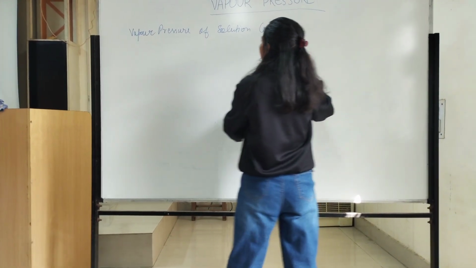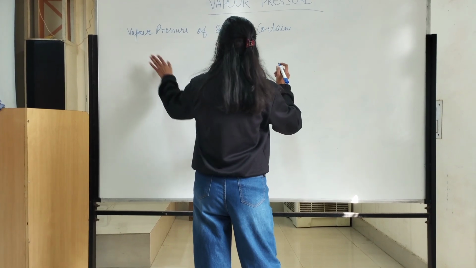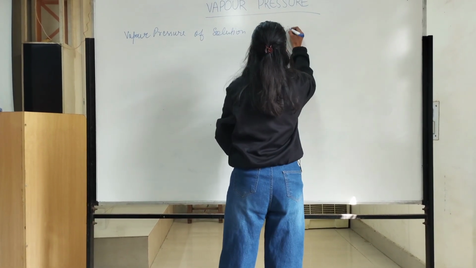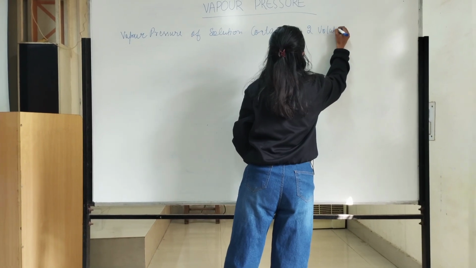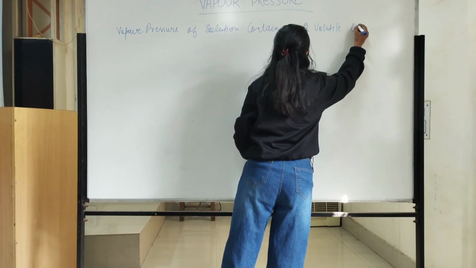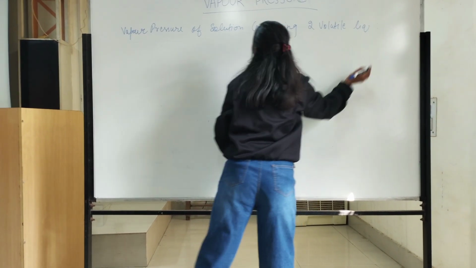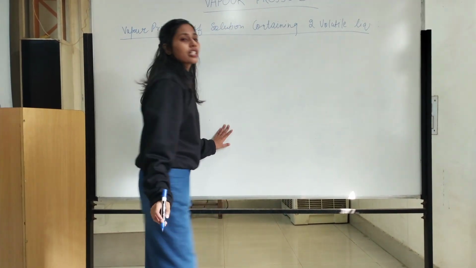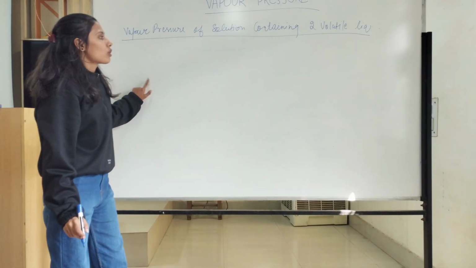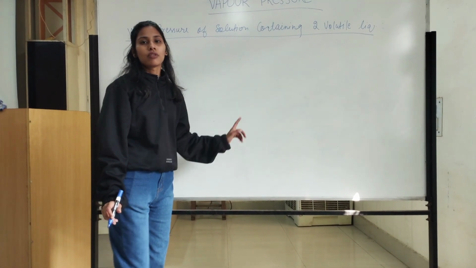So we can easily find the vapor pressure of a solution containing two volatile liquids. For this, we will consider two closed containers, one of solute and second of solvent.